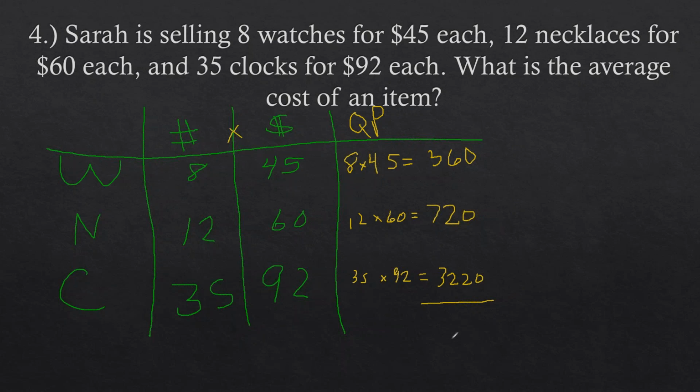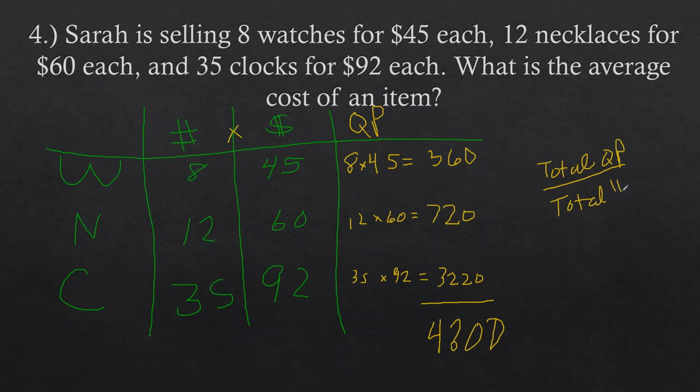Okay, so we multiplied the 2 columns. What do you get when you multiply those together and then add? 4,300. Okay, so now we're going to test you. Total quality points divided by what? The total number or total dollars?